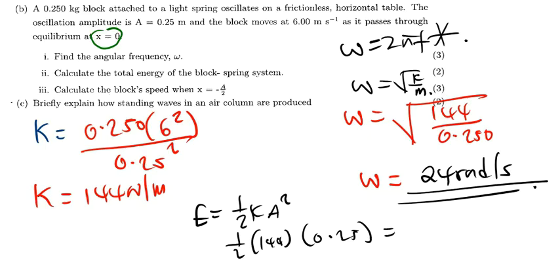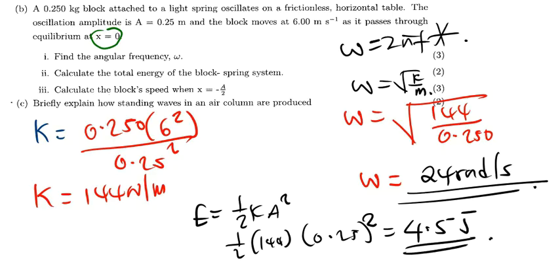So the total energy is 0.5, because 1 over 2 is 0.5, times 144 times 0.25 squared, since A has to be squared. That gives 4.5. So I'm getting the total energy to be 4.5 joules.